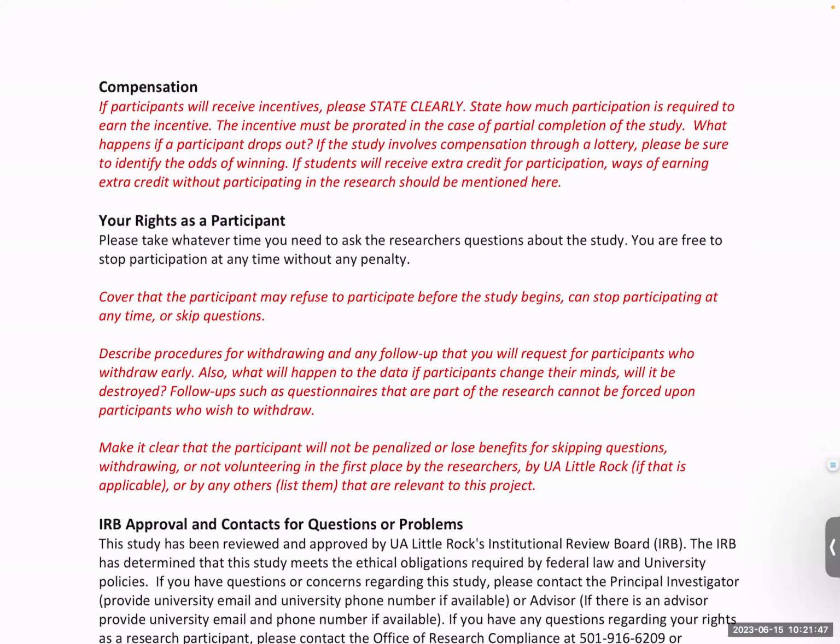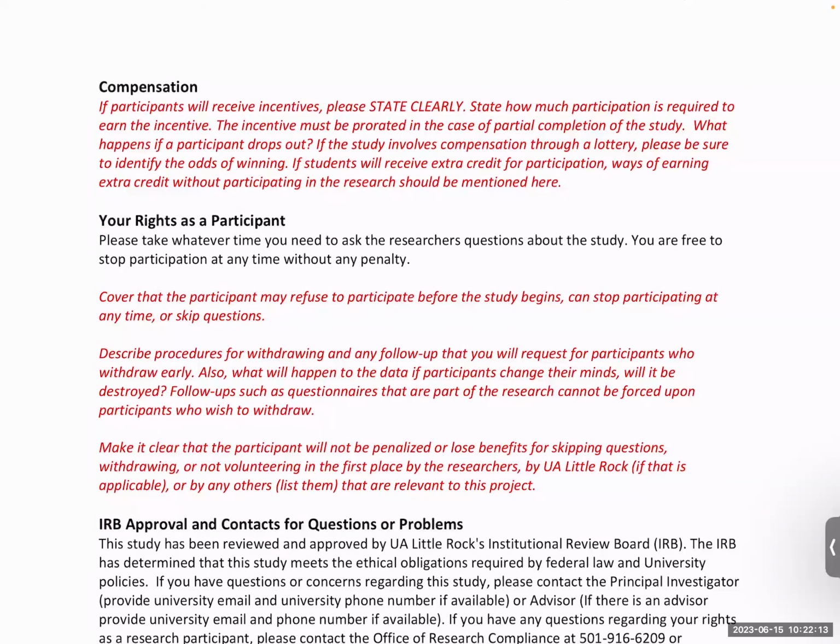The section on compensation leads us back to a brief mention of the previous section on benefits. Compensation and benefits are not the same thing. As mentioned previously, benefits are good things that may happen to the participants as a result of taking part in the research itself.